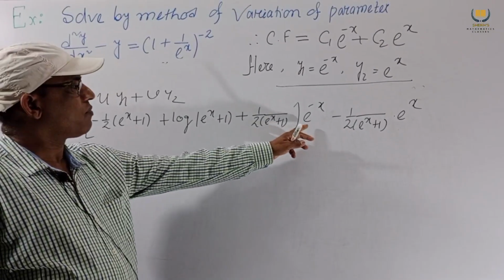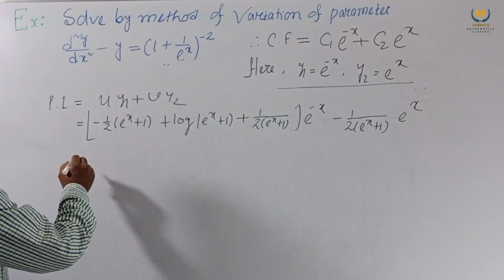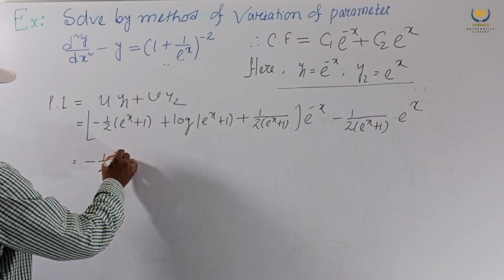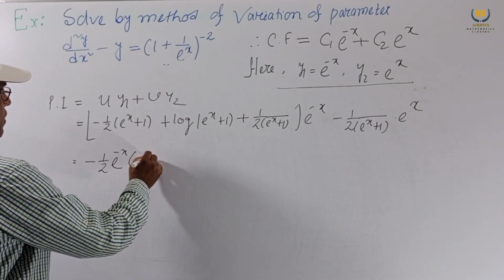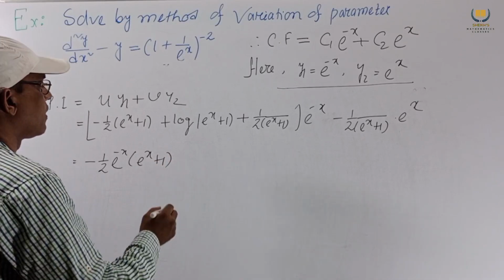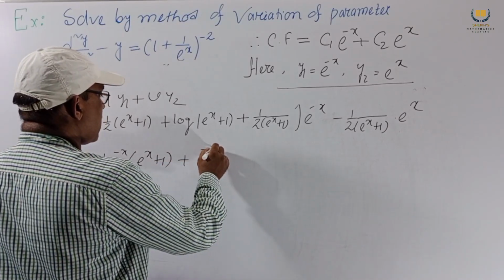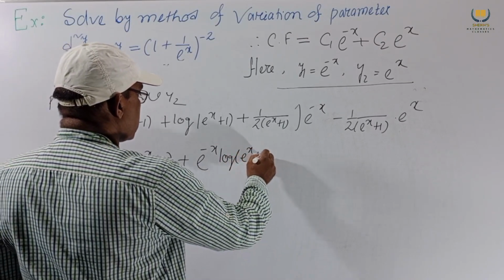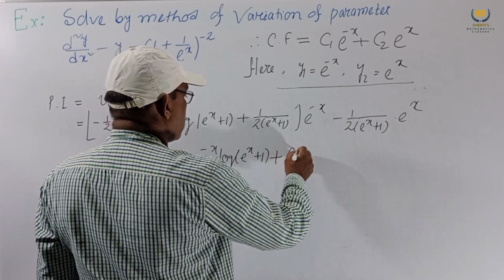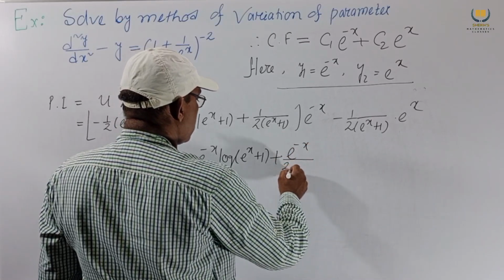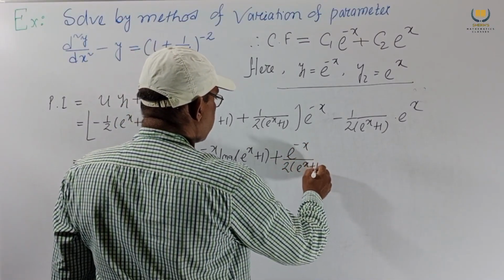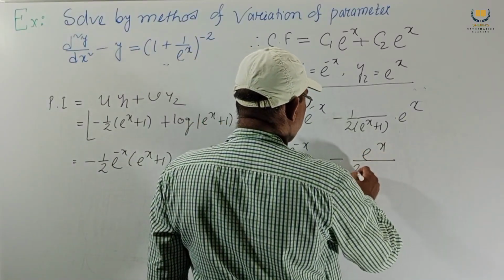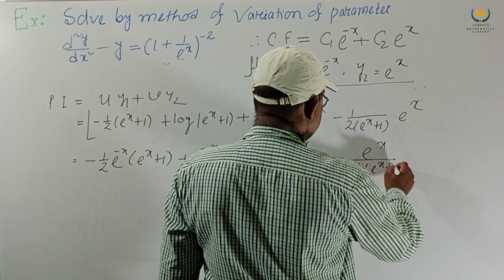And all the terms we multiply by e to the power minus x: 1 by 2 minus 1 by 2 e to the power minus x, e to the power x plus 1, plus e to the power minus x log e to the power x plus 1, e to the power minus x by 2 e to the power x plus 1, e to the power x by 2 e to the power x plus 1.